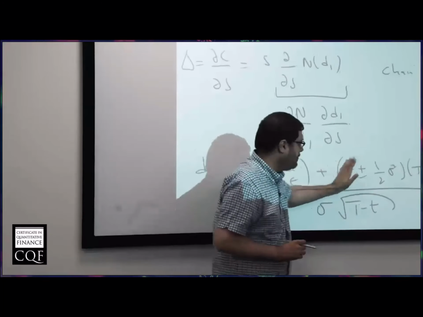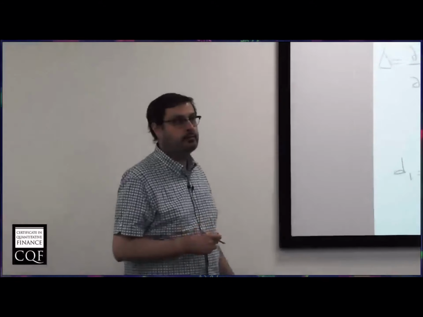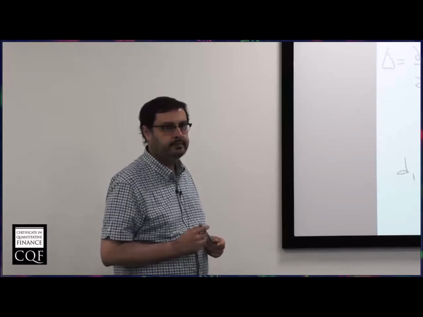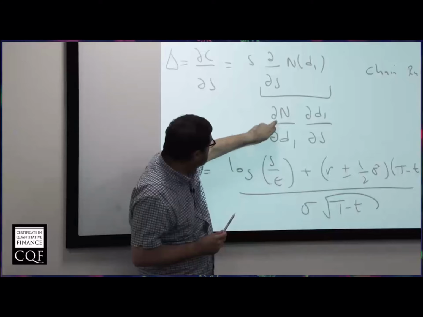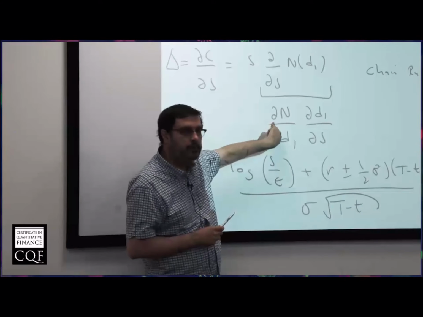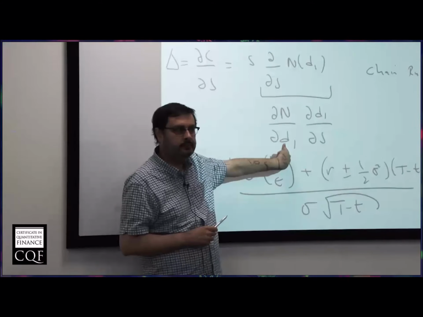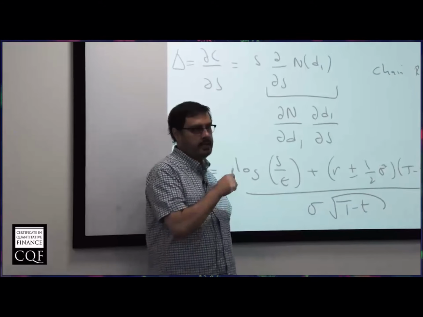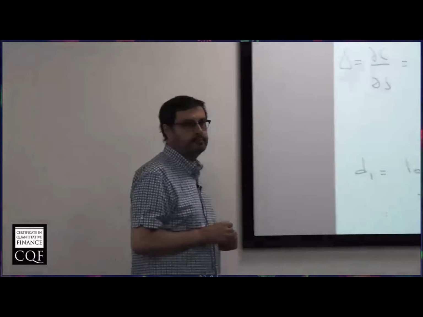Everything else after that is going to vanish. It doesn't depend on S. So it's not that difficult once you start doing this. And the very first one here, that you can obtain from Leibniz rule, this is going to be 1 over root 2 pi e to the minus a half d1 squared. So something to get you started. That's something for you to try.